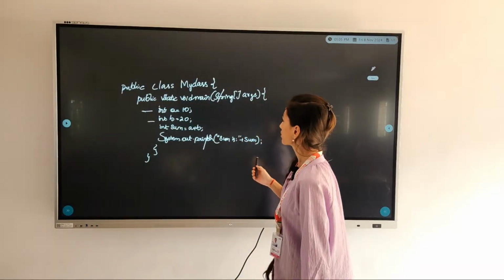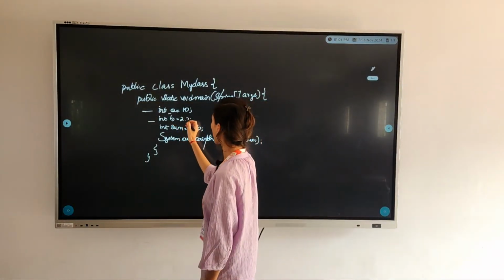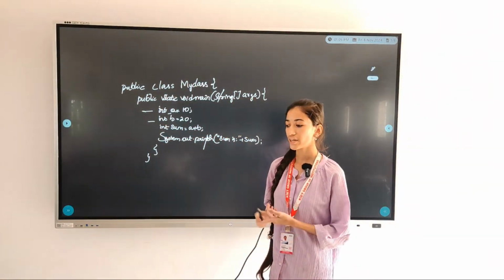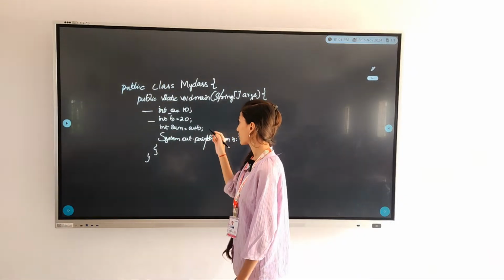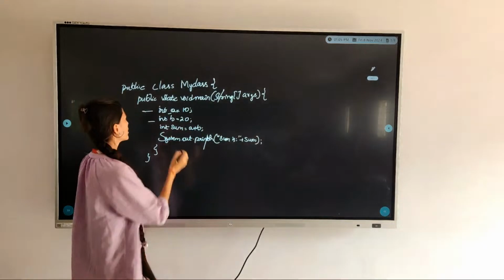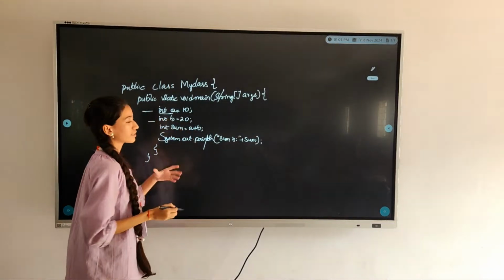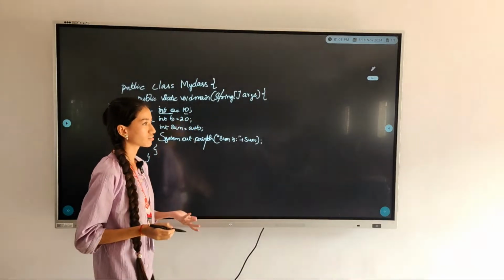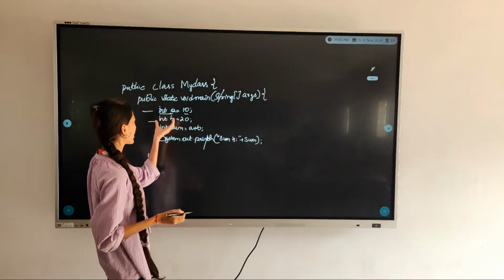Here we declared int a equal to 10. We have different Java statements, like declarative statements or assignment statements. What do declarative statements mean? In int a equal to 10, we declared the variable a, and 10 is assigned, so we assigned a value to the variable a.